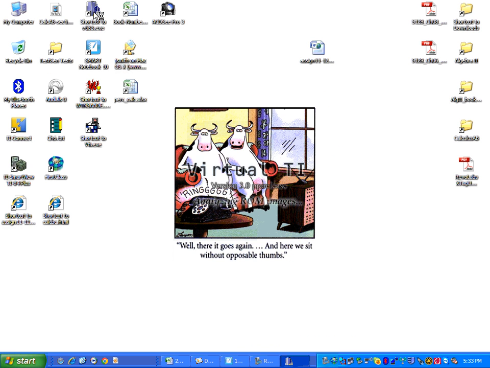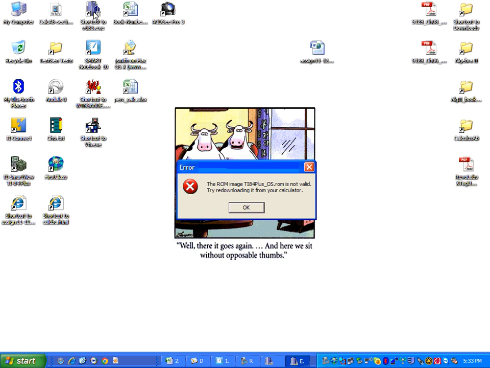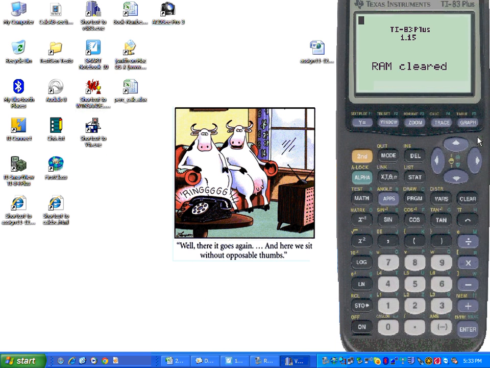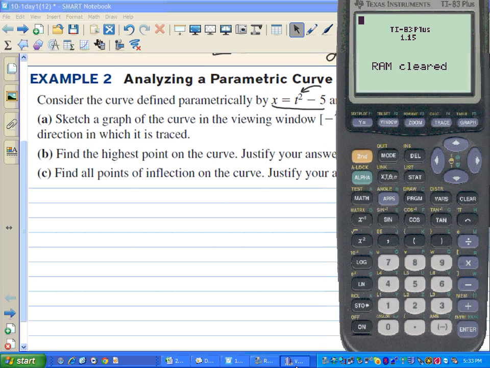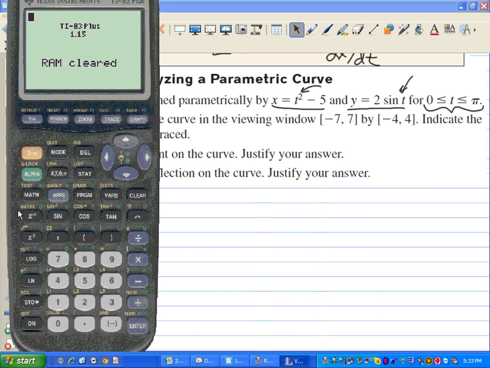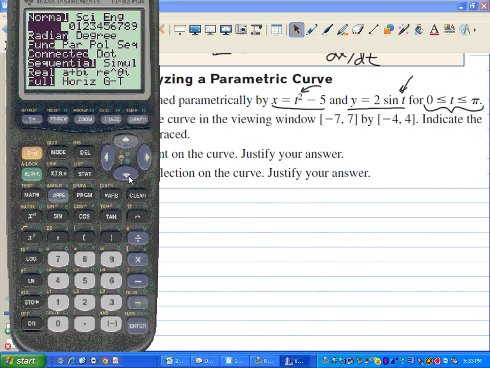So I'm going to open up the calculator. Here's how we graph parametric equations. We turn the mode to parametric.